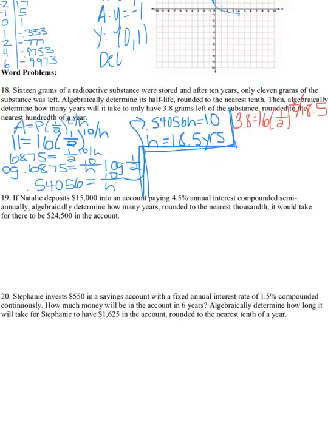So I divide both sides by 16. I get 0.2375 equals 1/2 raised to the T over 18.5. I need logs to pull down that exponent, so this is now the log of 0.2375 equals T over 18.5 times the log of 0.5, or 1/2 rather.